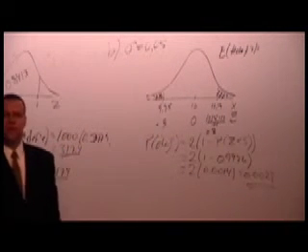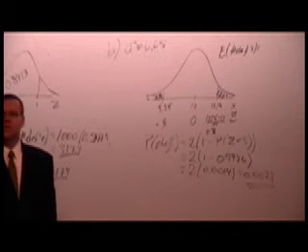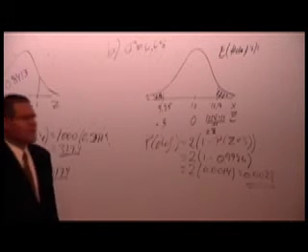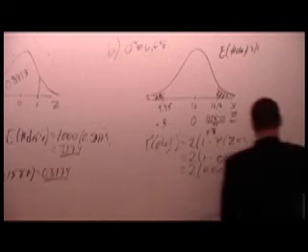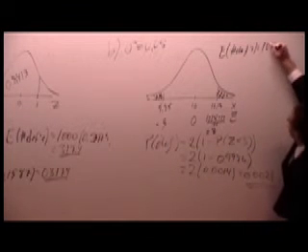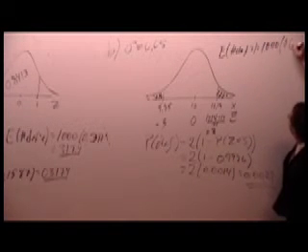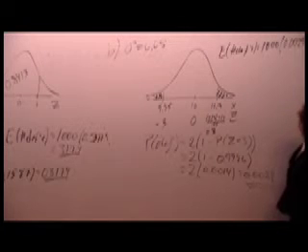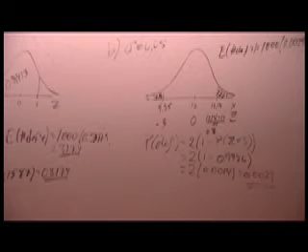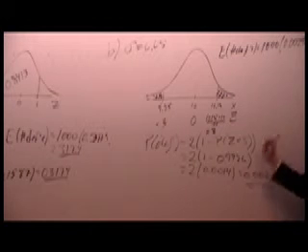What is the new expected number of defects? Less than one? Well, it's 1,000 times 0.0028, which is 2.8. Just as a review, well, actually, before we get there, questions on that?